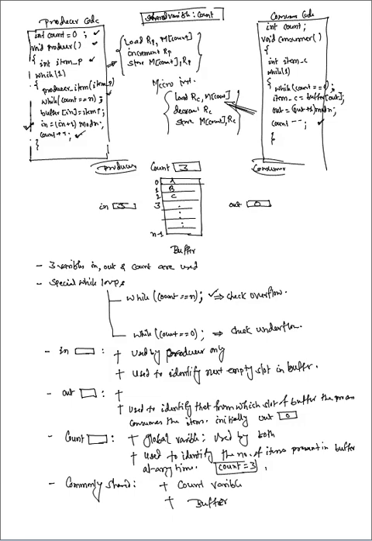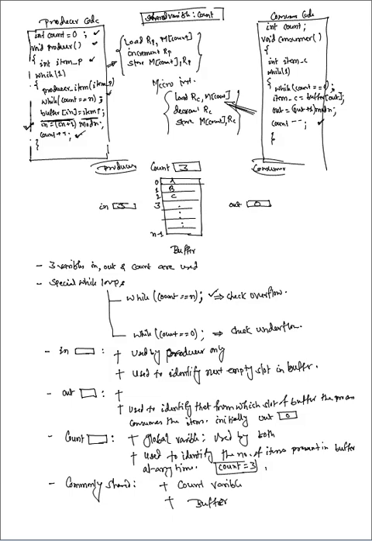If this is false, meaning there is no overflow, then it can enter and put the generated item or data into the buffer location in. In represents the variable which is free to fill.